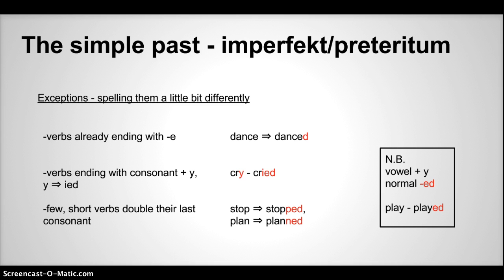Now then we have verbs ending with a consonant and the letter Y. That turns into I-E-D. I'm quite certain you've heard about different cases before where a Y turns into an I-E. So cry turns into cried. No problem, right? I'm quite certain you heard about it before.